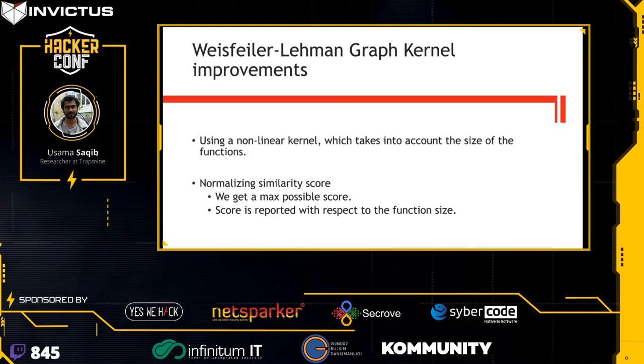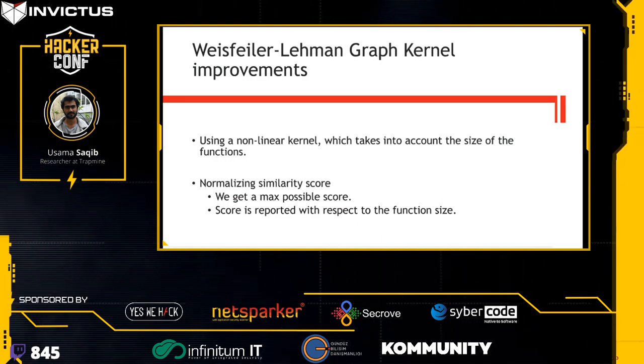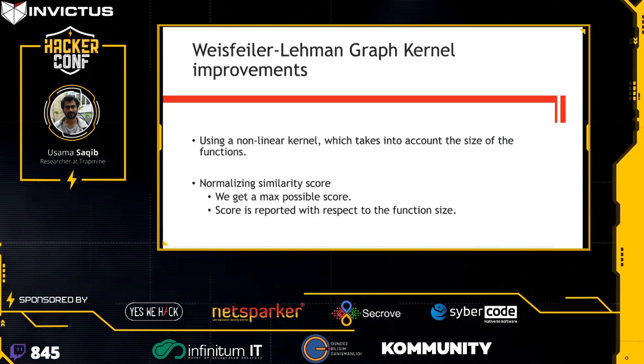Secondly, we can improve the system with regards to how we compute the similarity score. At the moment, the similarity score is not normalized. As such, it has no range. This means that we have no way of comparing when one similarity score is bigger than the other.